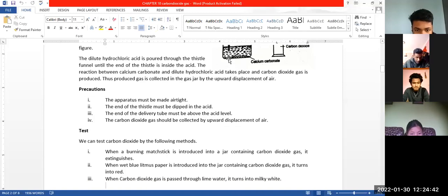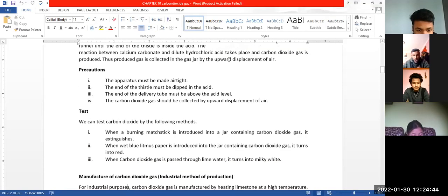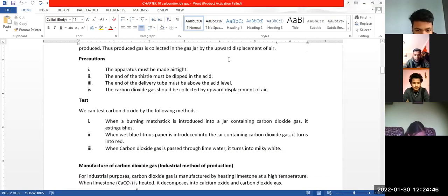Another important topic is the test. How can we test whether the gas produced by this method is carbon dioxide or not? When a burning matchstick is introduced in the jar containing carbon dioxide gas, it extinguishes, means it goes off.